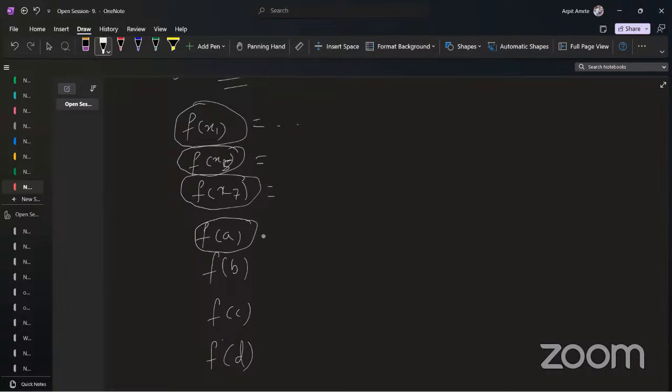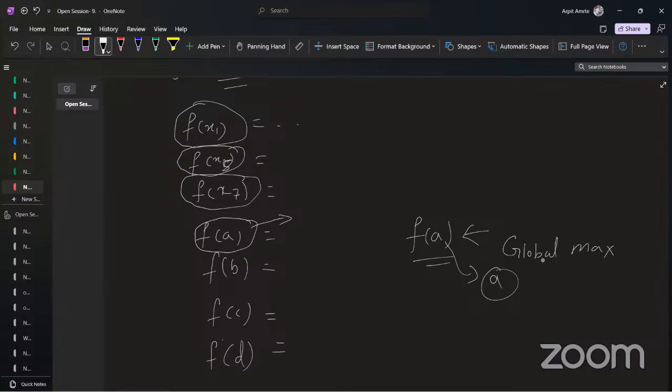Suppose in this case your function gets its maximum at f(A). If you compare all these 7 points, you will get f(A) as the maximum value. So the point A will become your point of global maxima, and this value will become your global maximum.